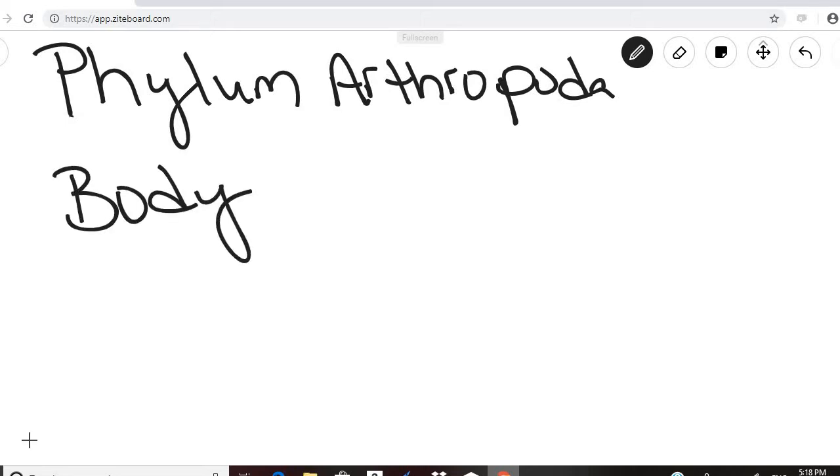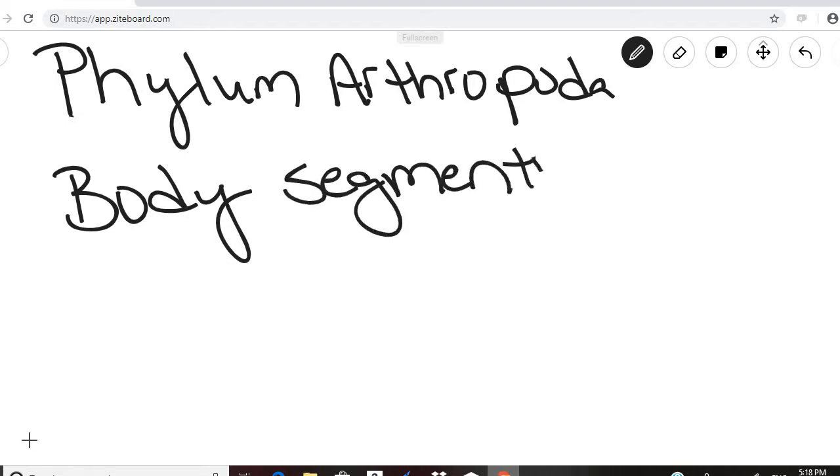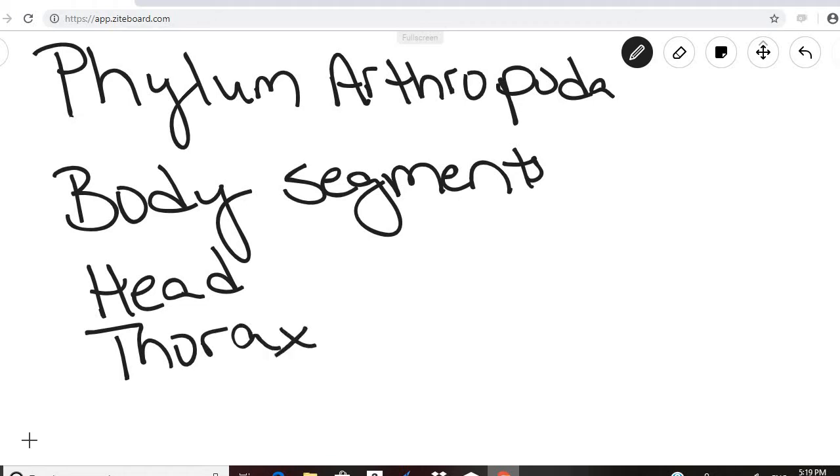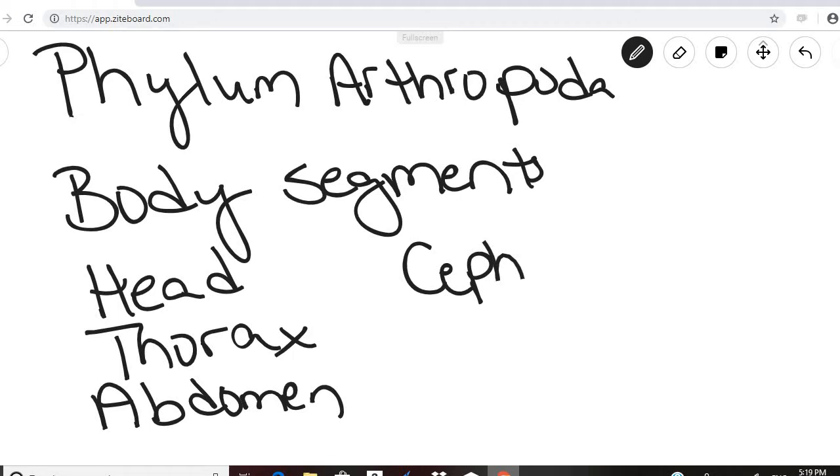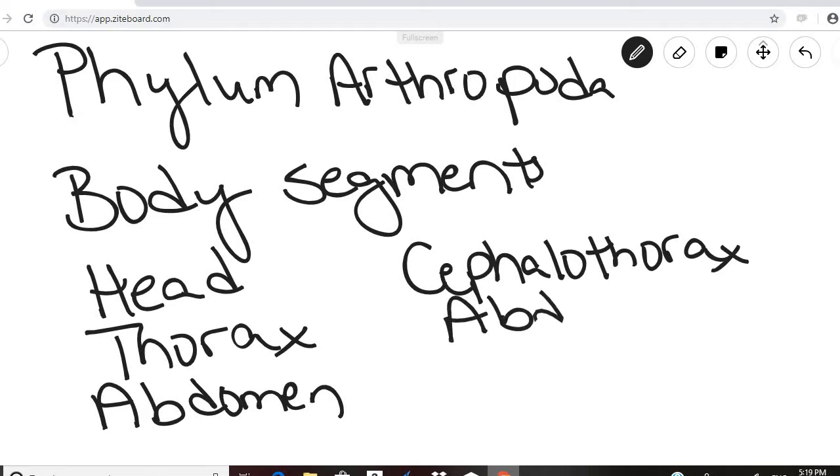Animals in phylum Arthropoda have body segments, and those body segments can be a head, a thorax, and an abdomen. Sometimes the head and the thorax are combined into one segment called a cephalothorax, and then they have an abdomen.